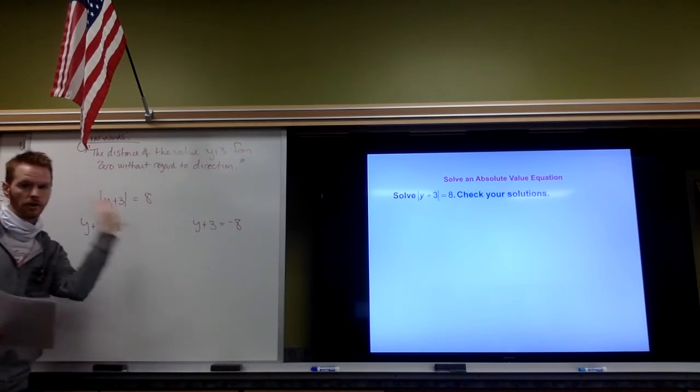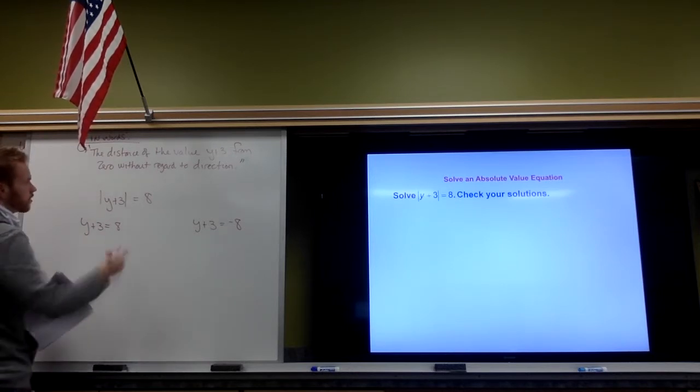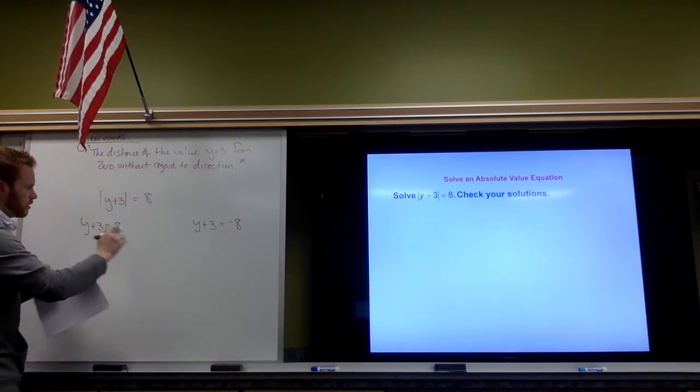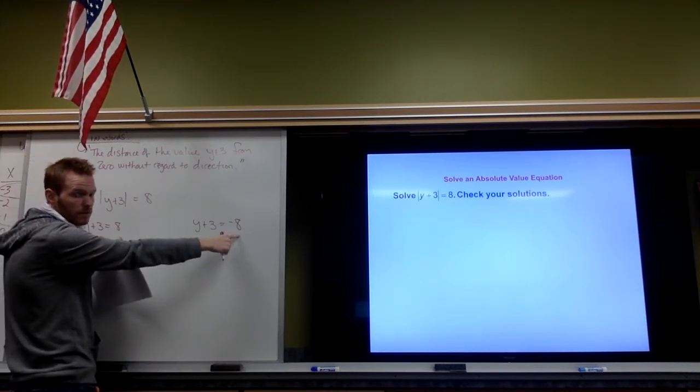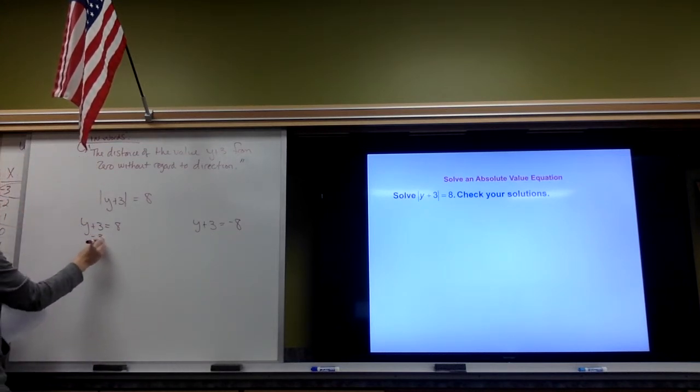We're looking at the other end of the number line. So remember, without regard to direction, we're looking from the right and left of the number line. Now we solve each one.